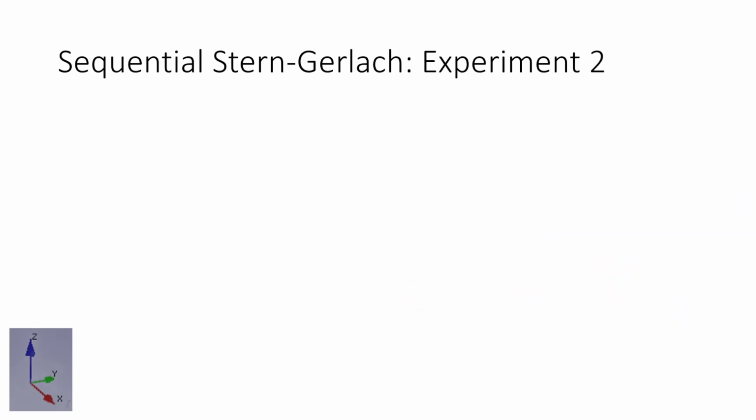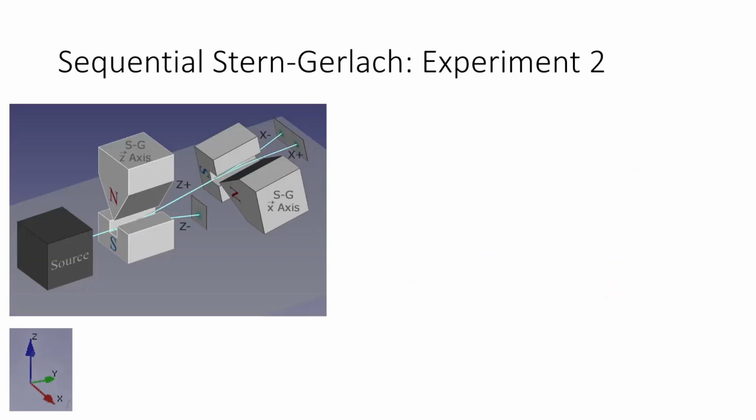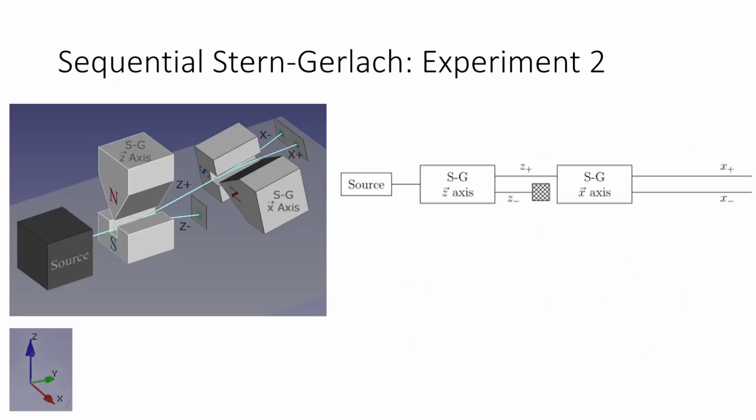So now we do a second experiment. We connect one Stern-Gerlach device with magnetic field in the z direction, so we are doing a measurement of the spin along the z-axis, and then we connect it to a device where we measure the spin along the x-axis.